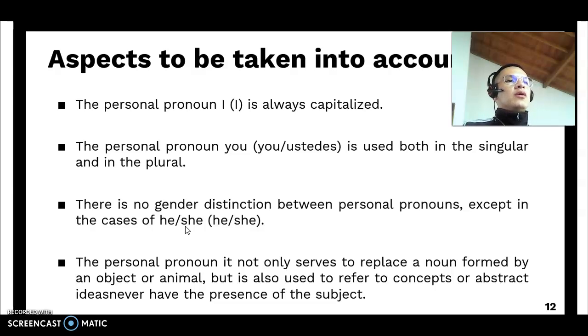The personal pronoun it only serves to replace a noun formed by an object or animal, but it is also used to refer to concepts or abstract ideas that never have the presence of a subject. As I told you before, it is really useful when we talk about weather, about situations, about things that are not persons.